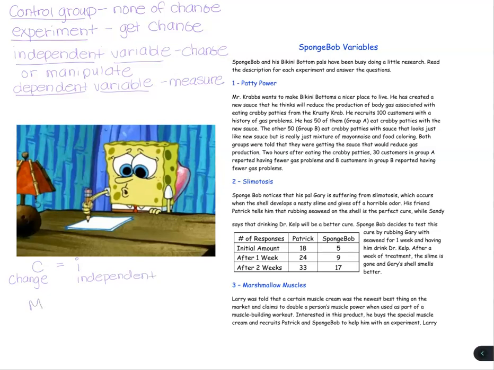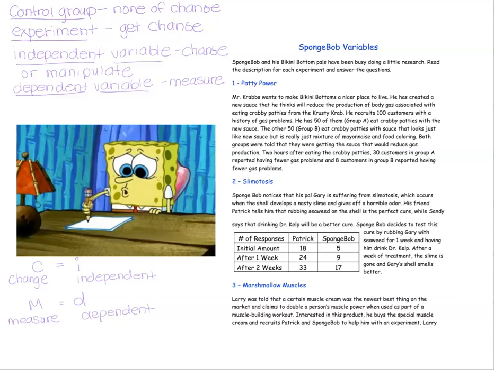And what I measure, M, is the dependent variable. If you can remember this little grid, it'll help you in figuring out what things are dependent and what things are independent.